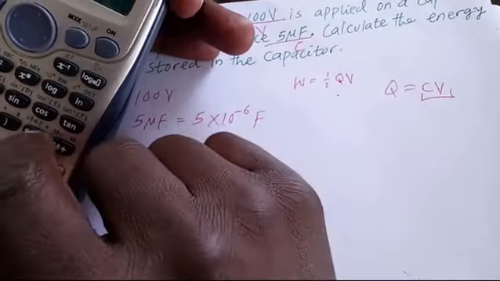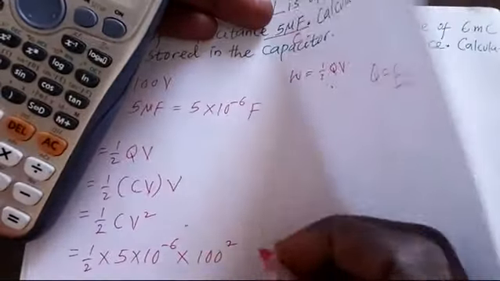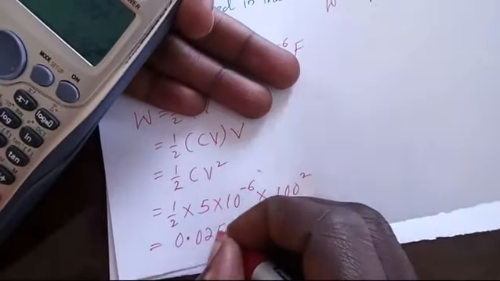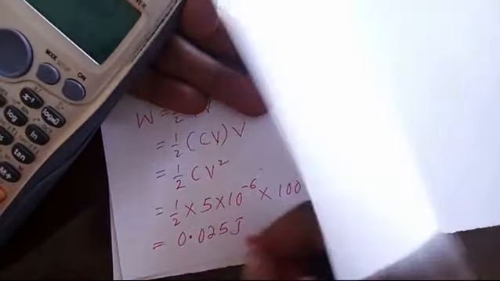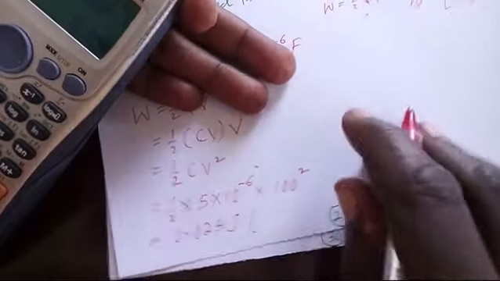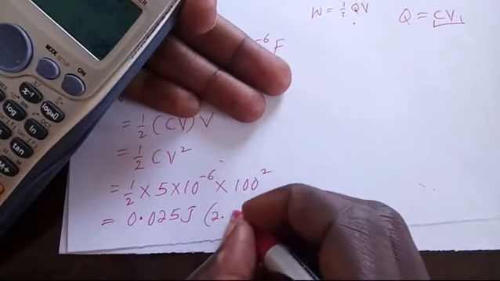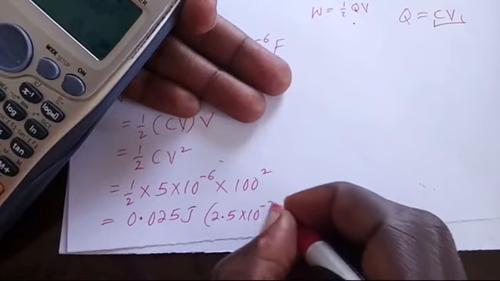This is equal to 0.025 joule. If you want it in scientific notation or standard form, it is 2.5 times 10 to the power of minus 2 joules.